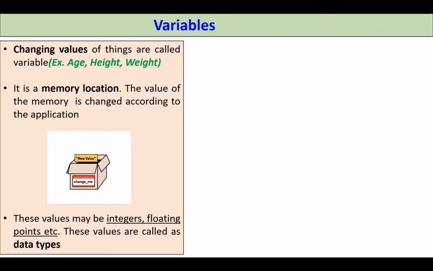Or you can store floating point values with decimals, or string values. These types, integers, floating point values and string values, are together called data types. Okay, I think you get an idea about variables and data types. Write down this one.